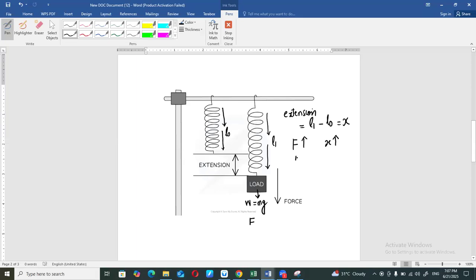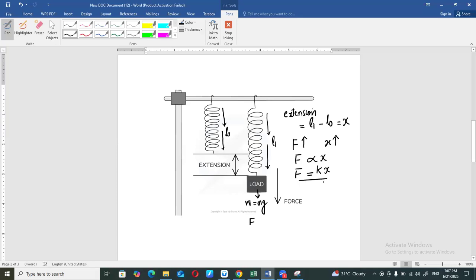So I can say that F is directly proportional to x. Force is directly proportional to the x value. Once you remove the proportionality sign, an equal sign comes in and a constant K multiplies with it.